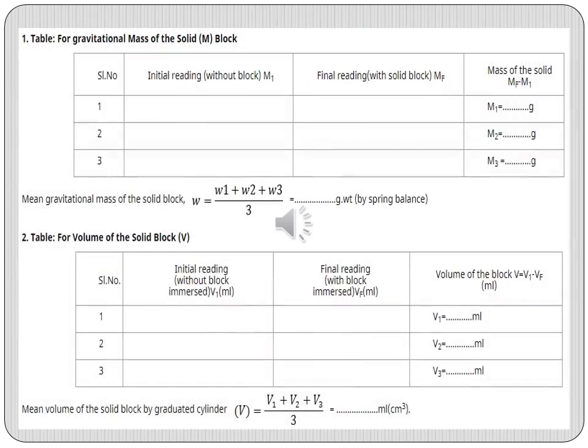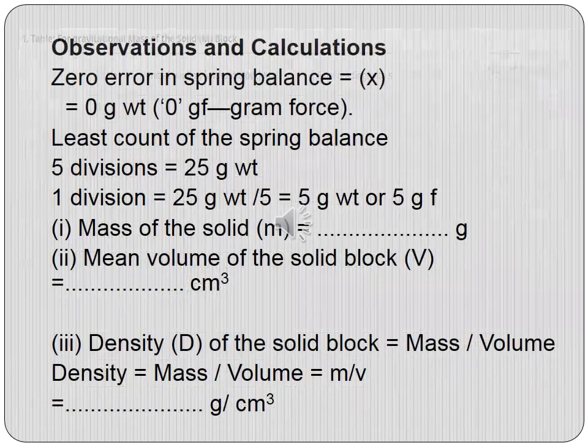This slide gives two tables. The first table is for the measurement of the mass of the solid block, which is the stone, and the second one is for the measurement of the volume of the stone, V. This slide shows observation and calculation. First, the zero error in the spring balance.